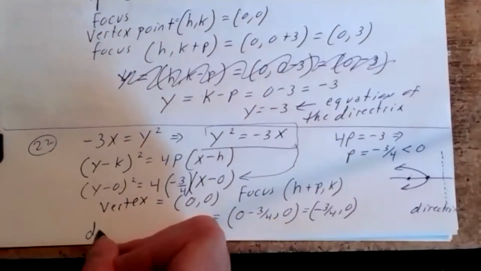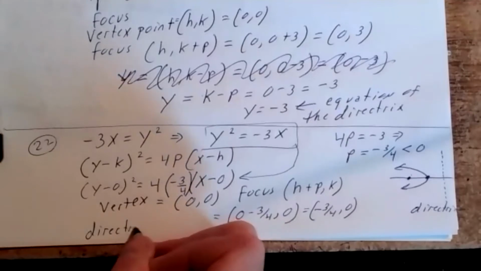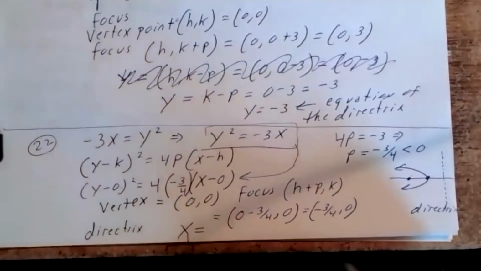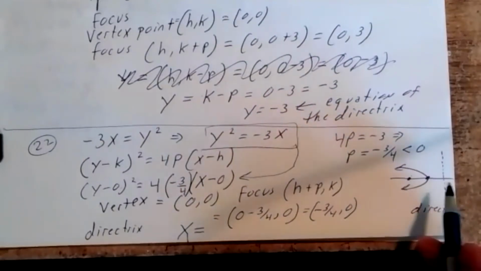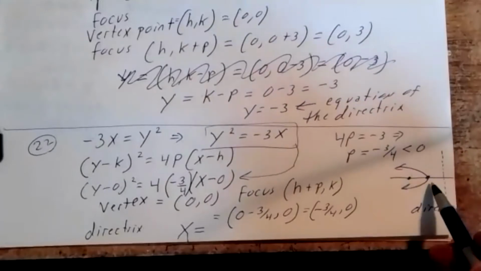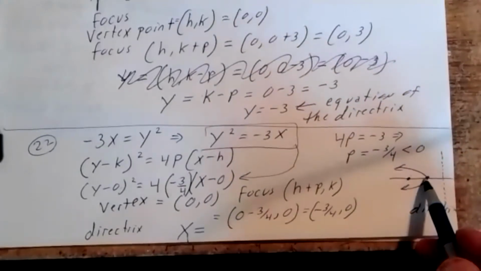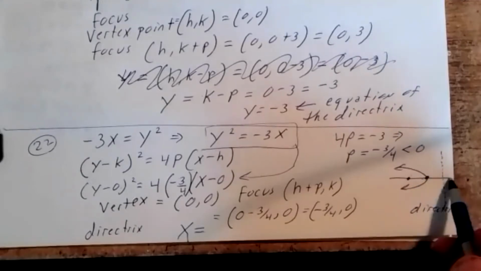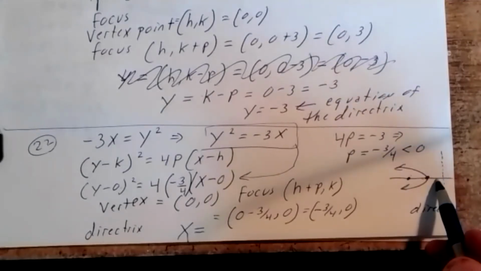The equation of the vertical line would be x equal to something. And x would have to be equal to what? Well, x would have to be equal to the x coordinate of your vertex point increased by p, by a positive p.